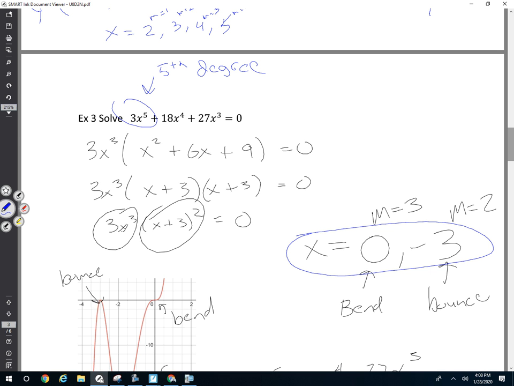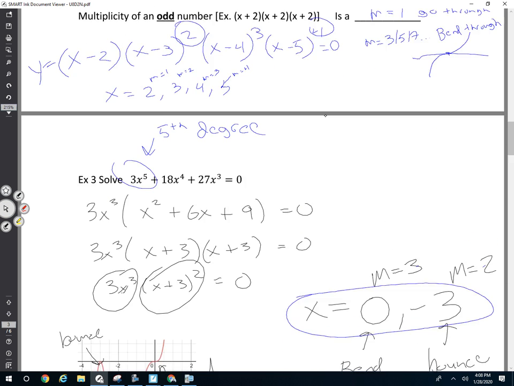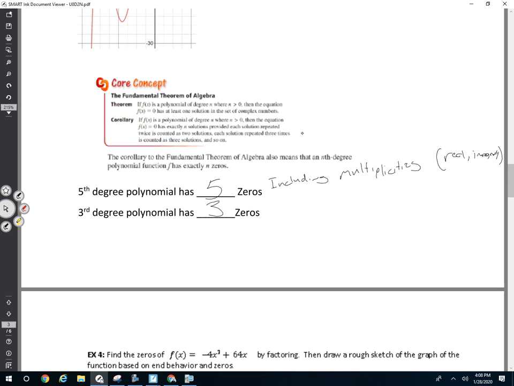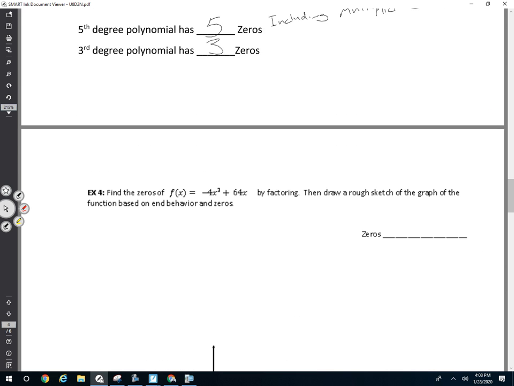X equals 0 and x equals -3. Those are 2. But 0 happened 3 times. -3 happened 2 times. 3 plus 2, 5. Has to happen. This is the fundamental theorem of algebra, they call it. So when we do our problems, we're going to know and guarantee that we're going to have a certain amount of solutions.